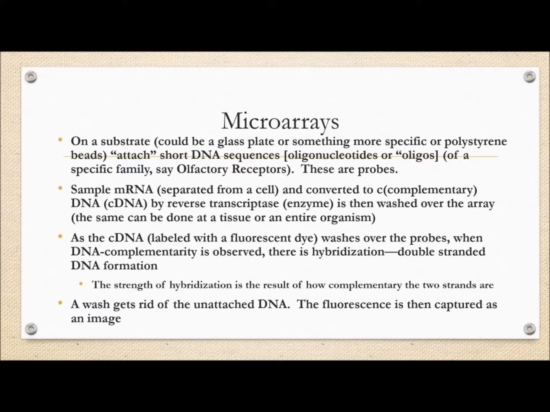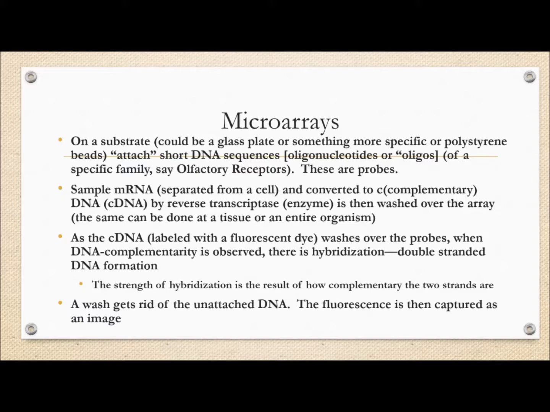Now, these short oligonucleotides that are attached on a substrate are called probes. Sample mRNA, identified, extracted, separated from a cell, is converted to complementary DNA using reverse transcriptase, which basically reverses the transcription process, and is then washed over the array.